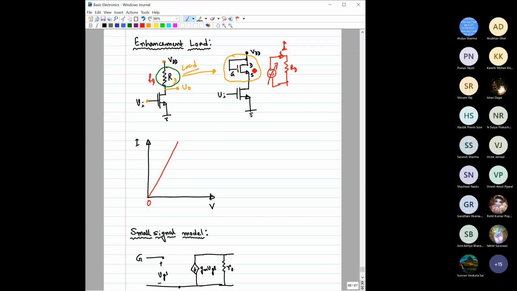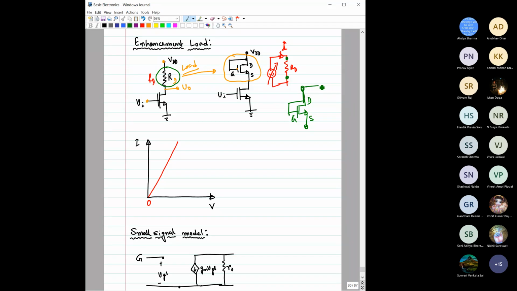Now see what would happen for this particular configuration. Here the drain and gate are connected, and the source is like this. The resistance was a two terminal device, and if you internally connect these two, this also becomes a two terminal device.